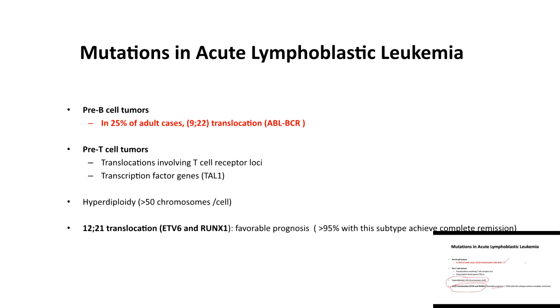Interestingly, the BCR-ABL translocation, which we will revisit a little while later with the chronic myeloid leukemia as well, is not a good prognosis. And that is more often seen with the pre-B cell. In pre-T cell, we see translocations that involve the T cell receptors, the transcription factor genes like TAL1.